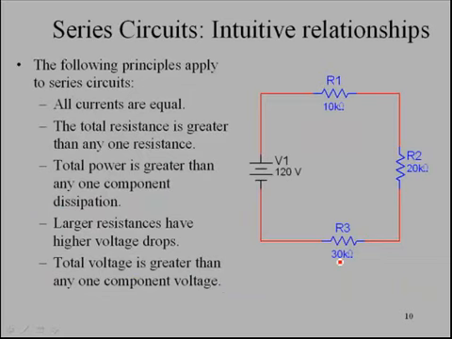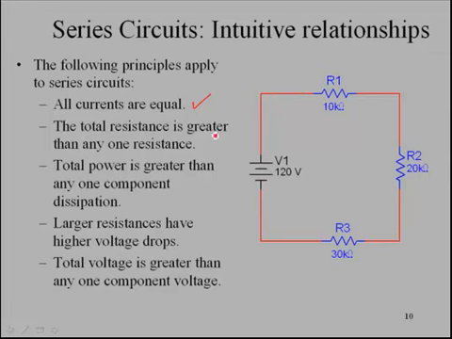Series circuits. This is a section called intuitive relationships. And intuitive relationships are things that just kind of make sense. And in series circuits, there are some things that are just intuitive. In your text, there's a little bit of discussion about each one of these if it's not clear as I go over it. Okay, first one. All currents are equal. In a series circuit, like we talked about, all current through this particular circuit will be equal.